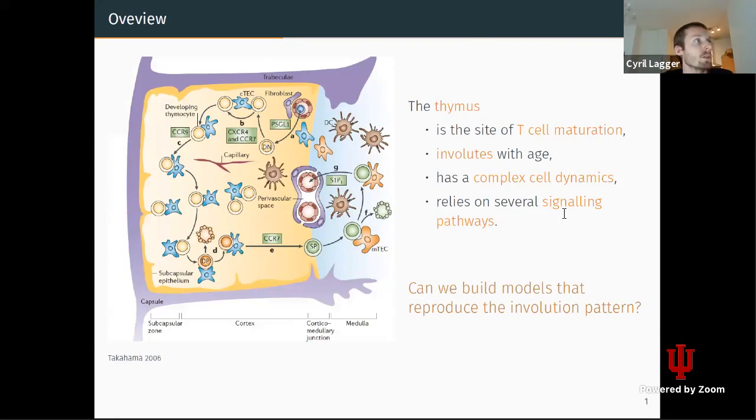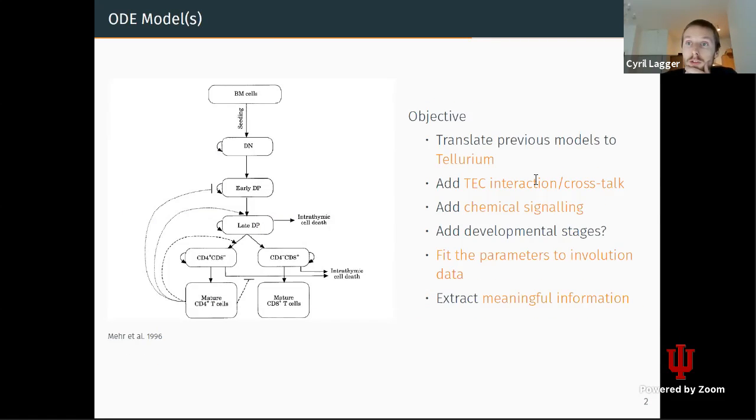Interestingly, there is a lot of work on this topic, not really on modeling, but a lot of data. One thing I found is that there are already a few ODE models, not for involution, but just for thymocyte development. That would be a good starting point for us. For example, during the week, I took this model from 96 and wrote it in Tellurium. You have this set of equations you can see.